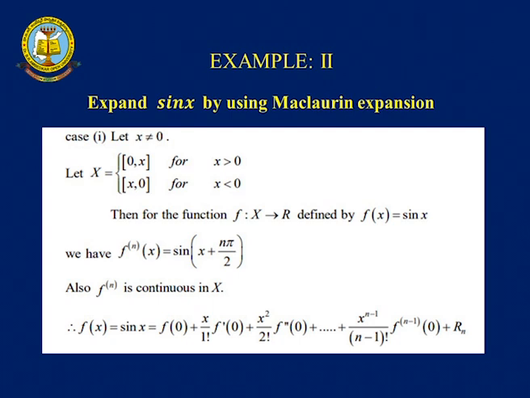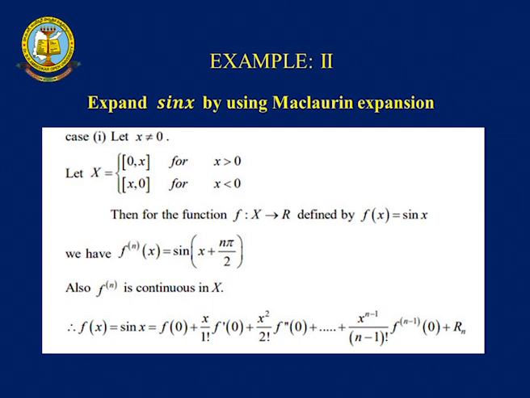Let us see if we substitute n equal to 2: sin of x plus 2 pi by 2, the 2 gets cancelled and we get sin of 180 plus x. So sin of 180 plus theta becomes minus.